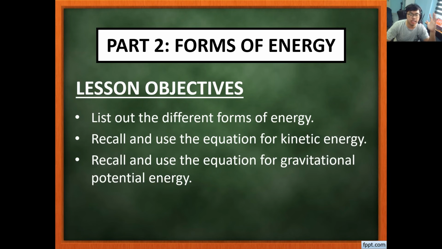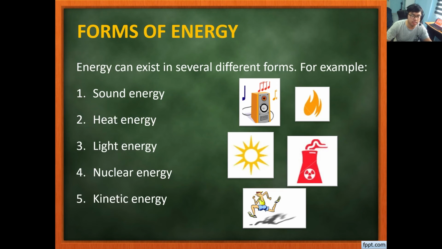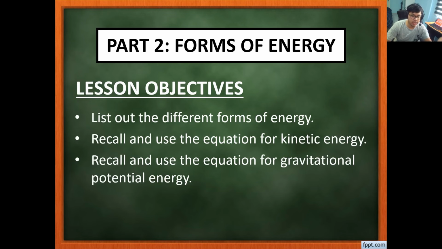To summarize, in this video lesson, we looked at the different forms of energy. Here are some examples of this. We looked at kinetic energy and its formula, which is equal to half mv squared. And we looked at gravitational potential energy, and its formula is mgh.